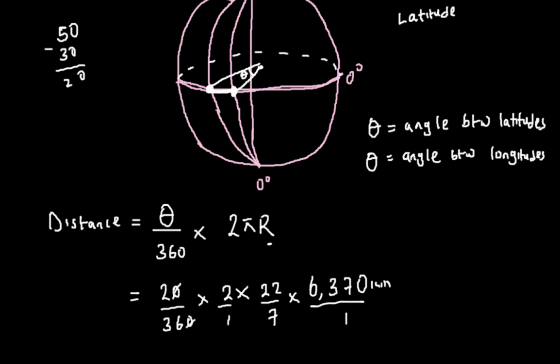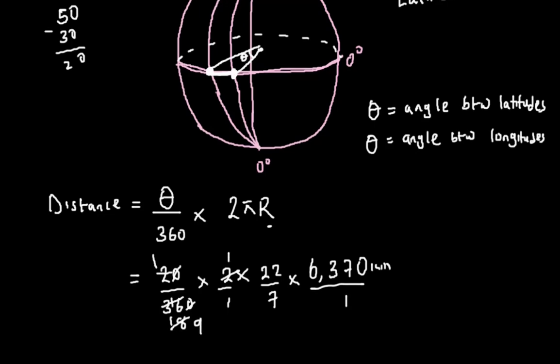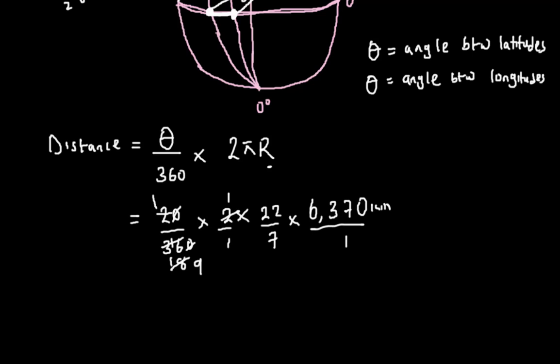So we have 1 over 1. 0 can cancel 0. 2 here 1. 2 in 3 is 1, remainder 1. 2 in 16 is 8. We can have 2 here 1. 2 in 18 is 9. Now we need to do this with a calculator. We have 22 times 6,370. That will give us 140,140 all over 9 times 7 is 63.